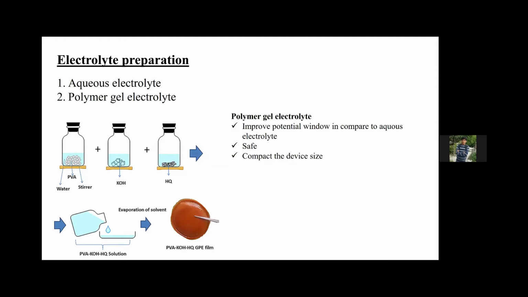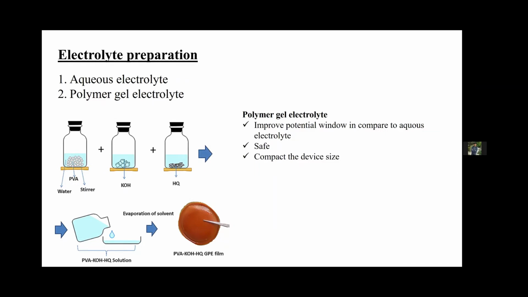So previously aqueous electrolyte has been used, but the problem for the aqueous electrolytes is its voltage window is fixed. But for the polymer gel electrolyte, we can increase the voltage window, and it is also safe, because as we know, any devices might blast or catch fire, short circuit.